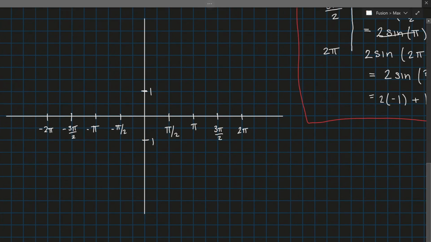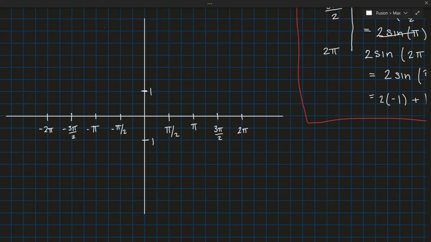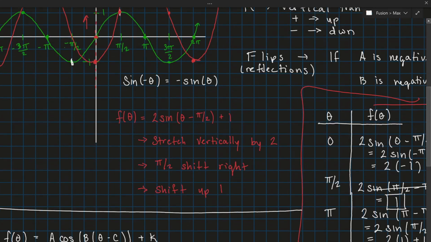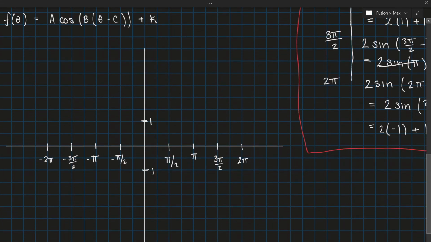Okay, so let's plot this one. Now, sine functions are the y-coordinate on the unit circle. So this one goes up and down? This one still goes up and down. They're both very similar looking functions, you'll see. But the cosine function is the x-coordinate.